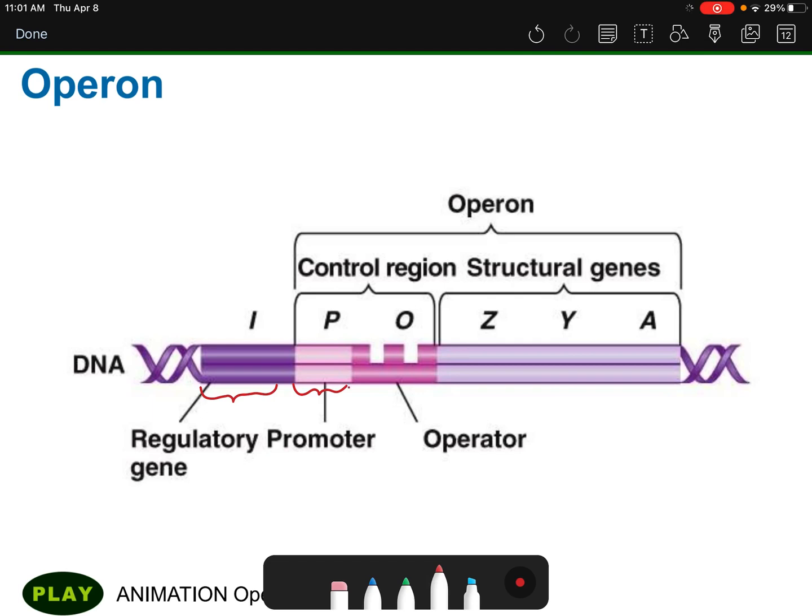You will have what's known as an operator, and depending on whether this is blocked or open, that will determine whether RNA polymerase can attach and go through transcription to copy the DNA code that can then be used to help make a protein. And then you have any number of genes located along here. Now, when we talk about the lac operon, which is one of the most common ones, there are 3 different genes there.